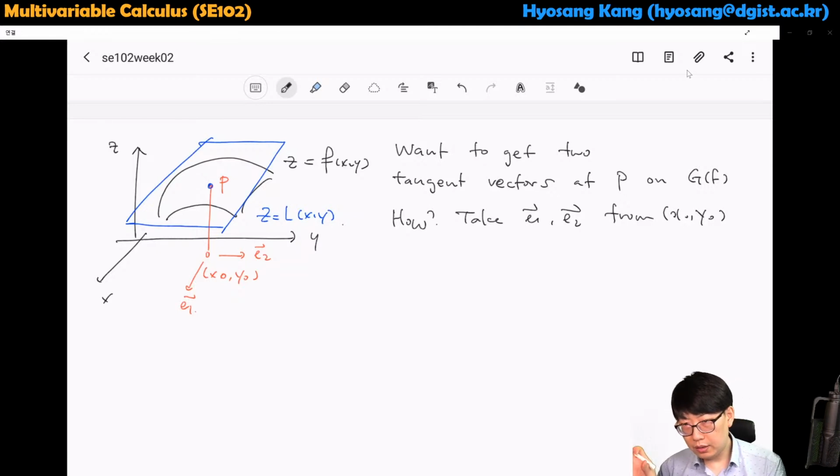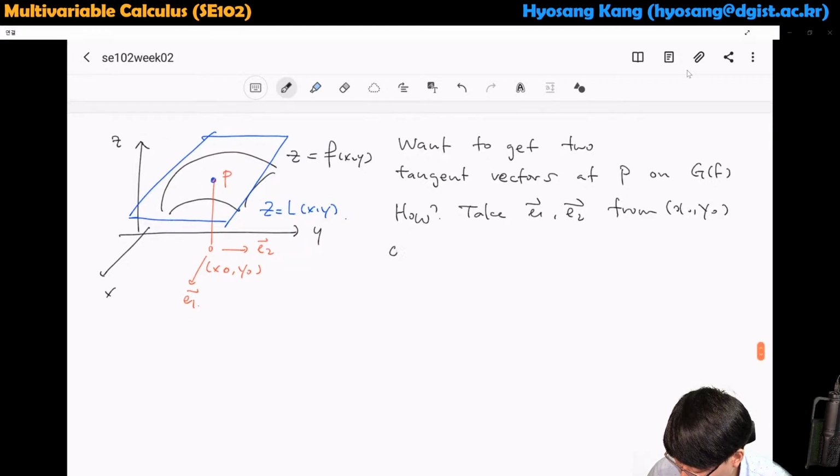And let's look at the trajectory on the surface whose projection is the parametrization line passing through x0 and y0 in the direction of E1 and E2. So I'm going to set this C(t) to be (x0, y0, 0).